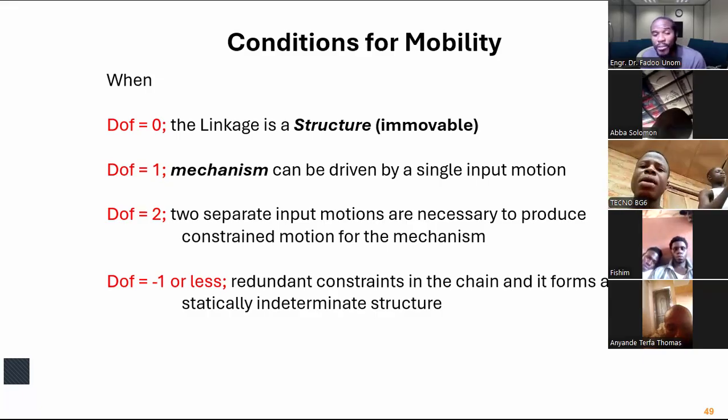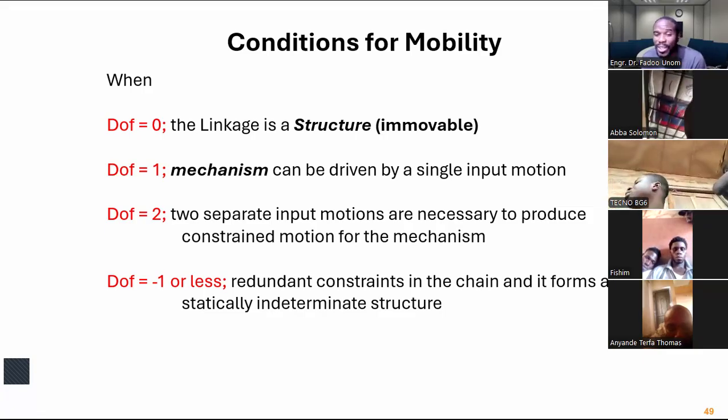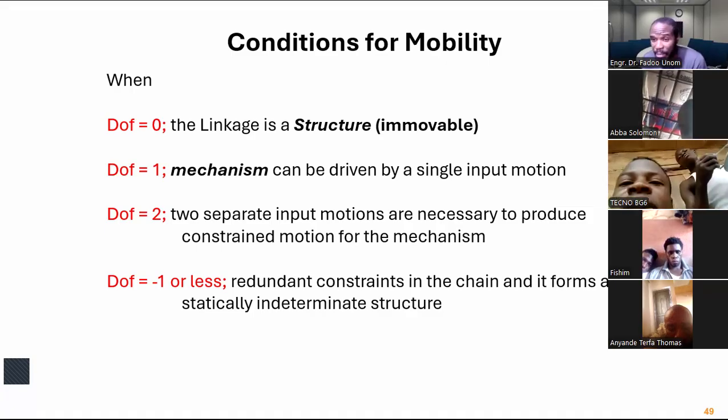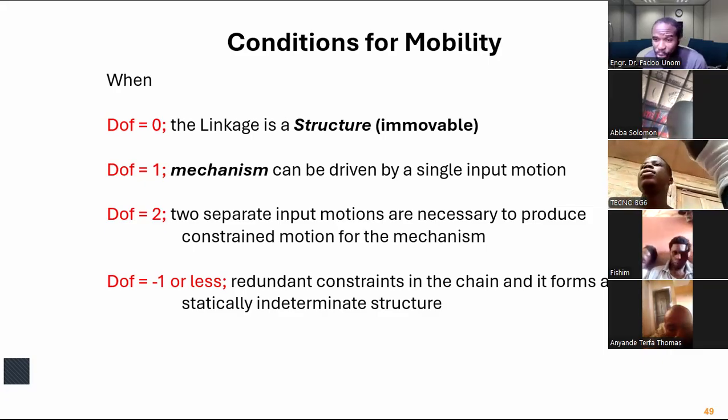If your degree of freedom is -1 or less, that means that there are redundant constraints in that chain that make it difficult to determine. It's a structure that is statically indeterminate. We can't decide how it moves, whether it moves, and all of that. Is that okay? So note these 3 conditions. Degree of freedom equals 0 using the equation n equals 3 bracket open L minus 1 bracket close minus 2J minus H. If the degree of freedom is 1, one single input will describe the motion of that whole mechanism.